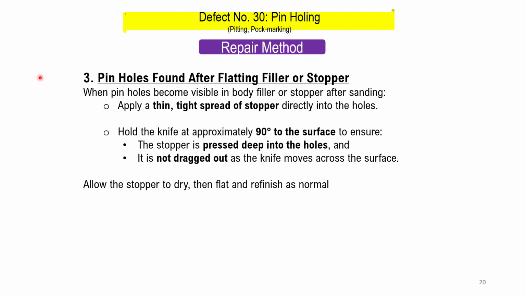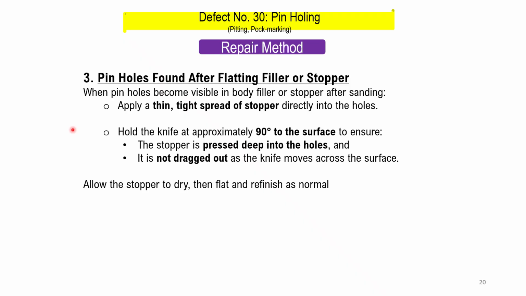The third case is pinholes found after flatting filler or stopper. In this case, when pinholes become visible in body filler or stopper after sanding, then apply a thin, tight skim of stopper directly into the holes.